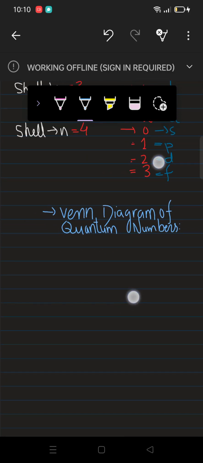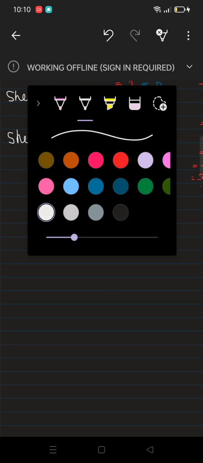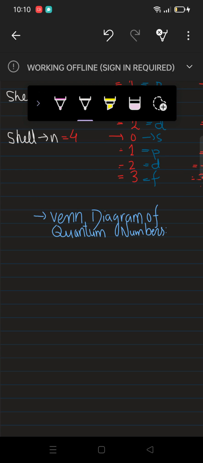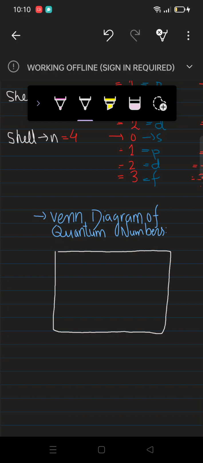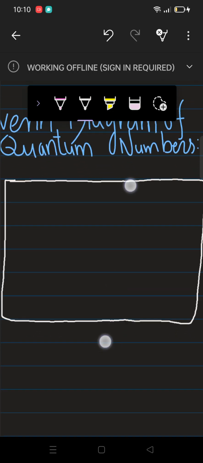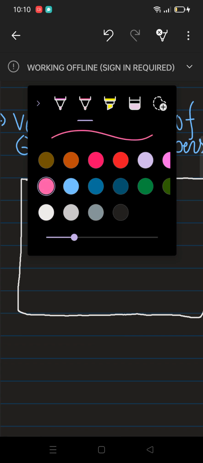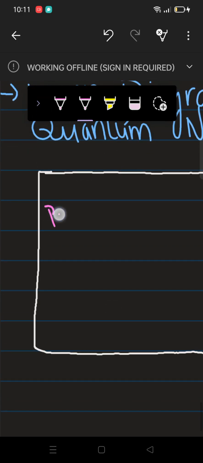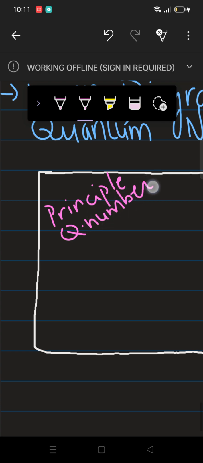Initially we discussed the principal quantum number. It is the superset, which is denoted with the letter N.